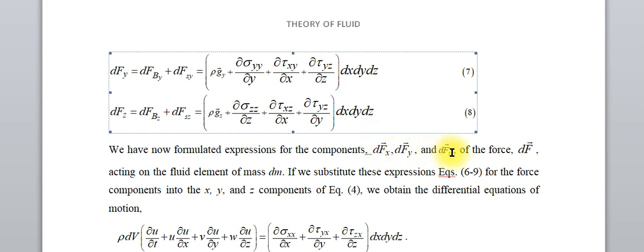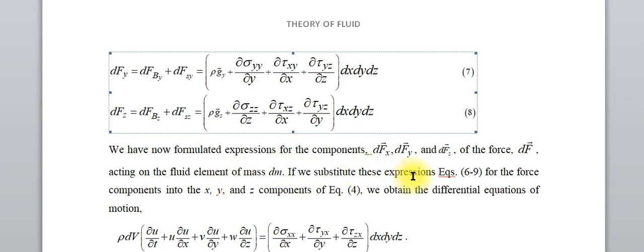So the surface forces plus the body forces in x direction, Fy shows the surface forces and body forces in y direction, and the surface forces and body forces in z direction. Okay, these are the forces acting on the fluid element having mass dm.